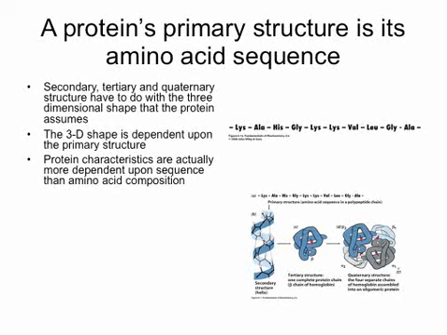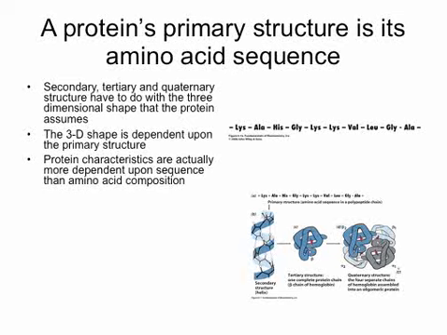In fact, what we find is that the characteristics of a particular protein are more dependent on the sequence of the amino acids than the actual amino acid composition. Another way of saying that would be if I took a protein that had a certain number of alanines, a certain number of glycines, and so on and so forth, and they were arranged in a particular sequence.